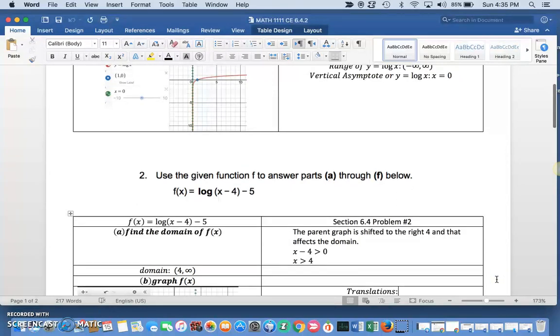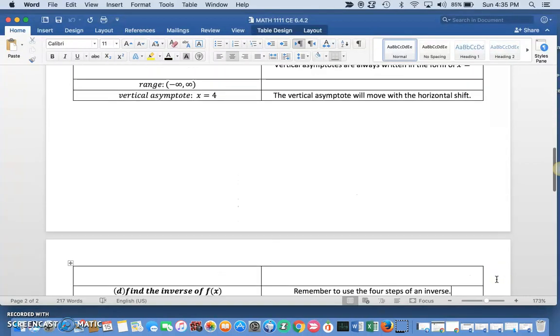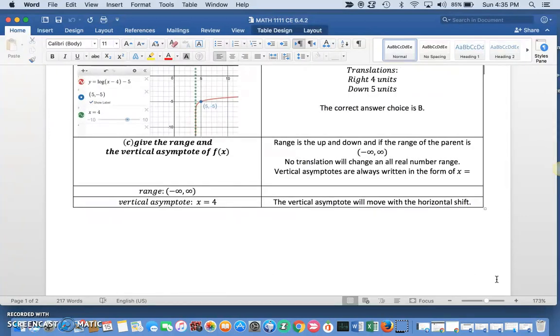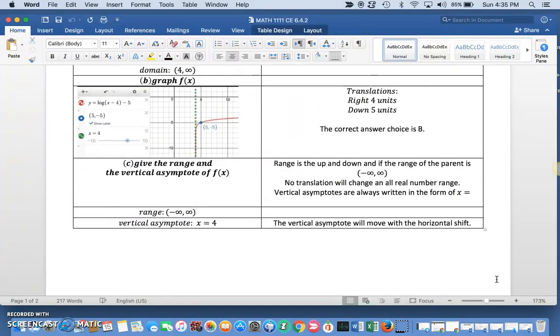Then they want you to graph it, and I did go ahead and graph it in with Desmos and talking about it here. I think it's a multiple choice, and I think on that one it was B. As we said, you would shift the graph 4 units to the right and 5 down. So the point that we started out with, on our graph, was (1, 0).